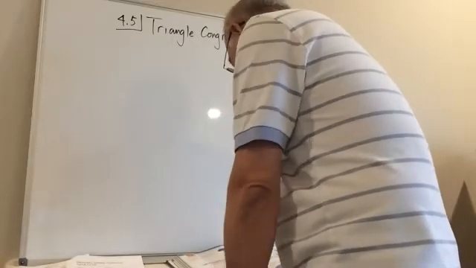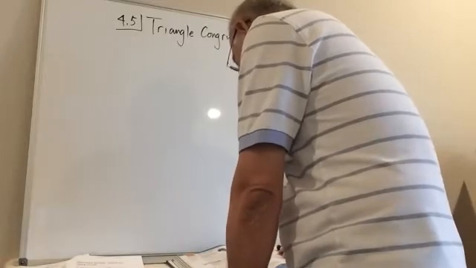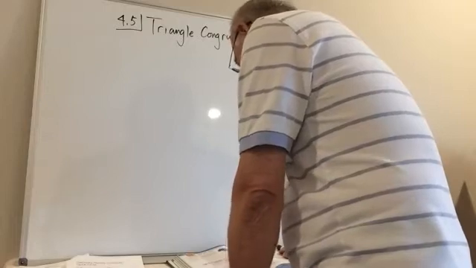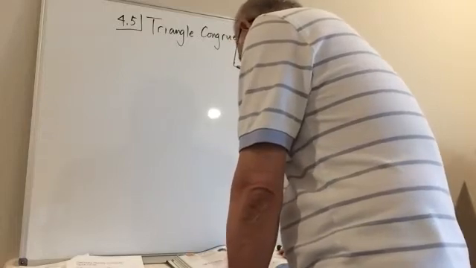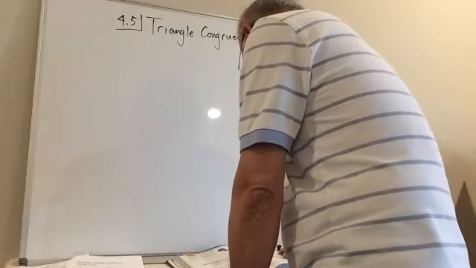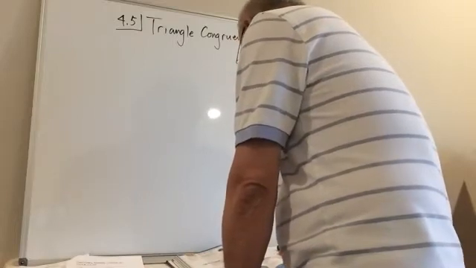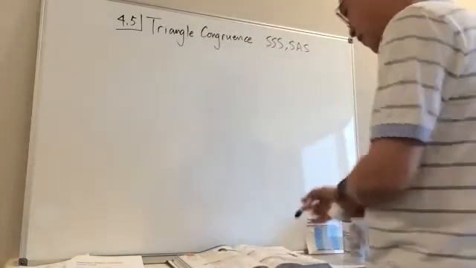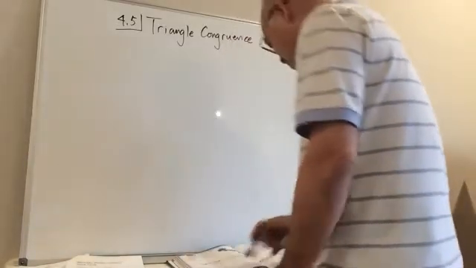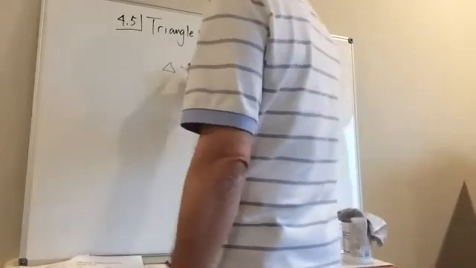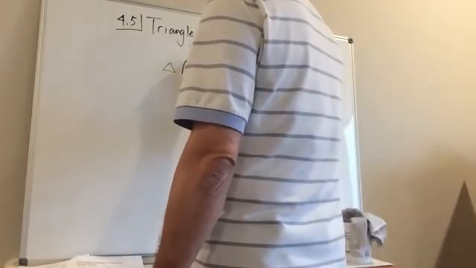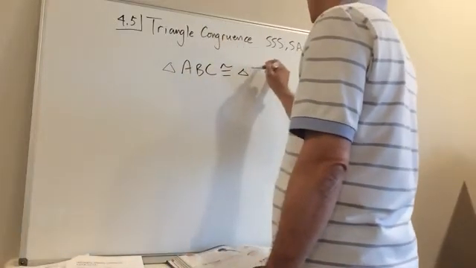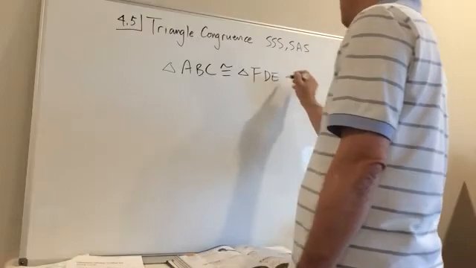If three sides of one triangle are congruent to three sides of another triangle, the triangles are congruent. If you see, there is a triangle ABC and triangle FDE. The book says triangle ABC is congruent to triangle FDE.